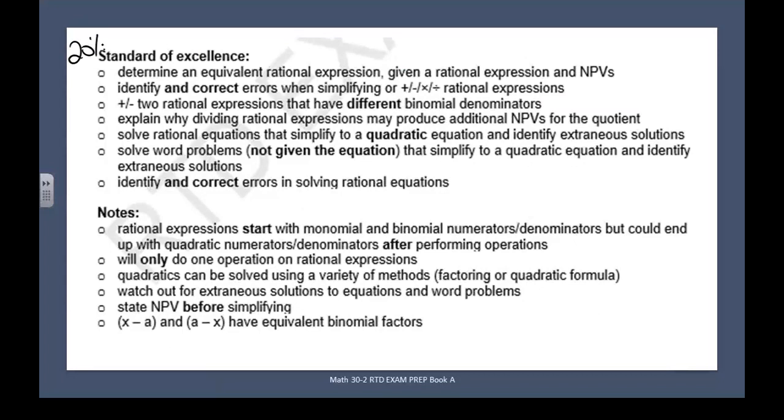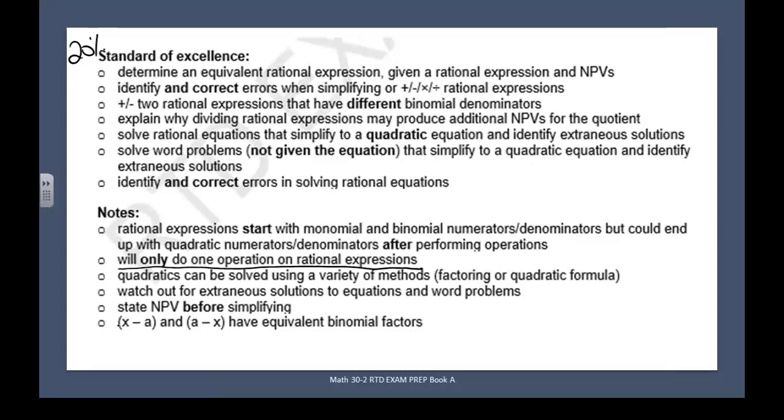So something that I do want to mention, because sometimes I know students have teachers that don't follow the curriculum. So as your diploma prep instructor, I want to teach you what is on the curriculum, because that's all that will be on the diploma, okay? So something that I want to note is we will only do one operation on rational expressions.